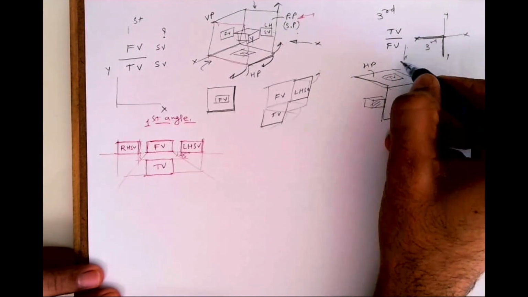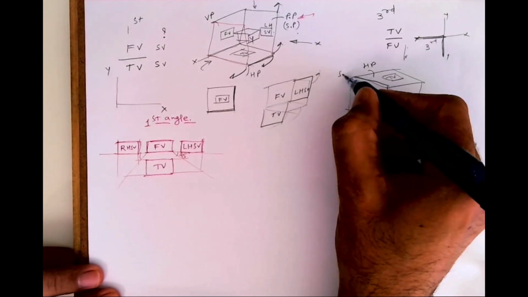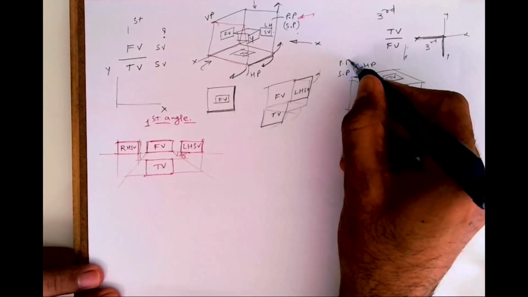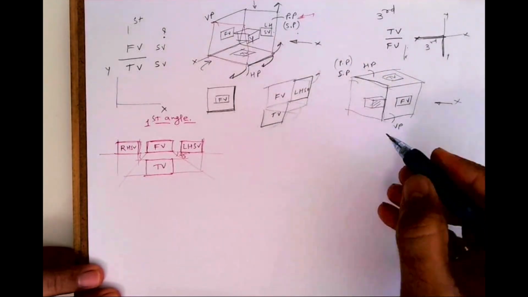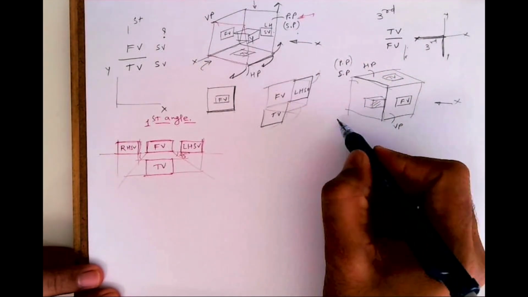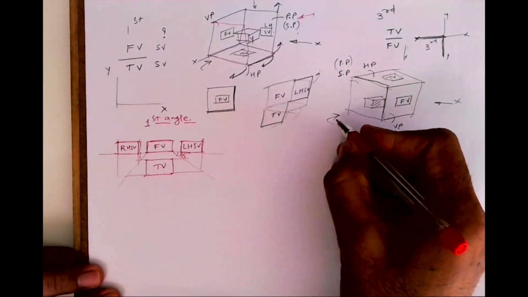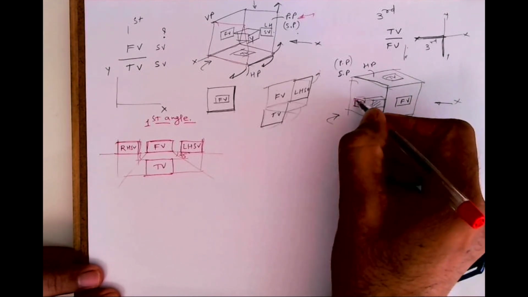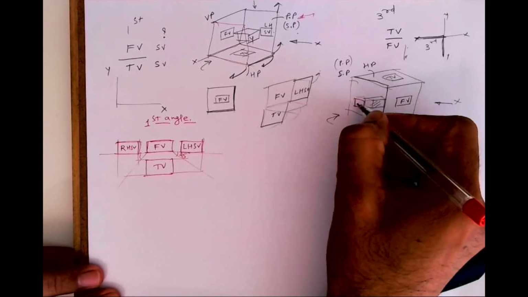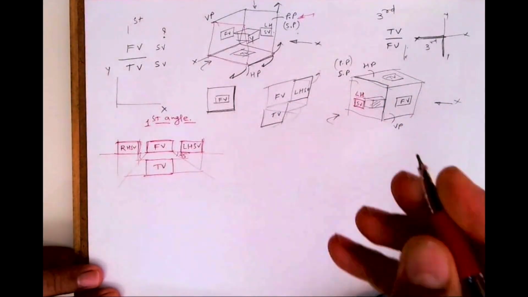This is front view. When you see from the top, top view will come here, and this is side view. This is profile plane or side plane. So when the observer will see from the left, he will project on the left. So this is side view, left hand side view.